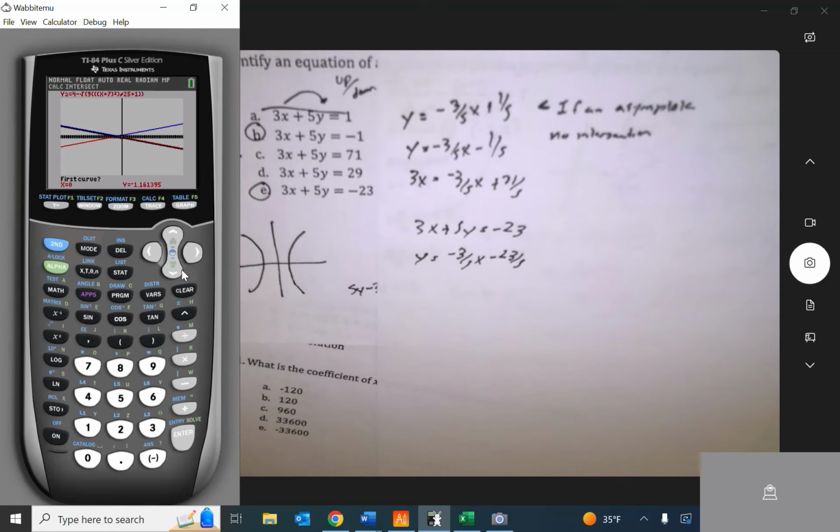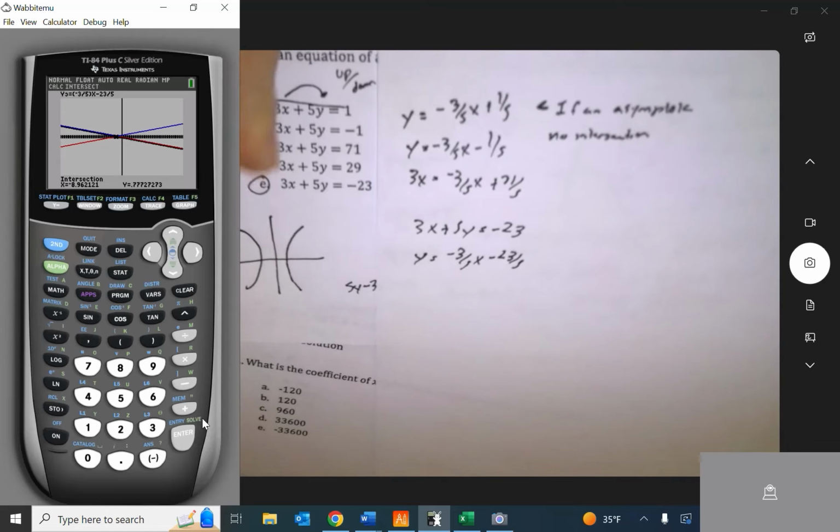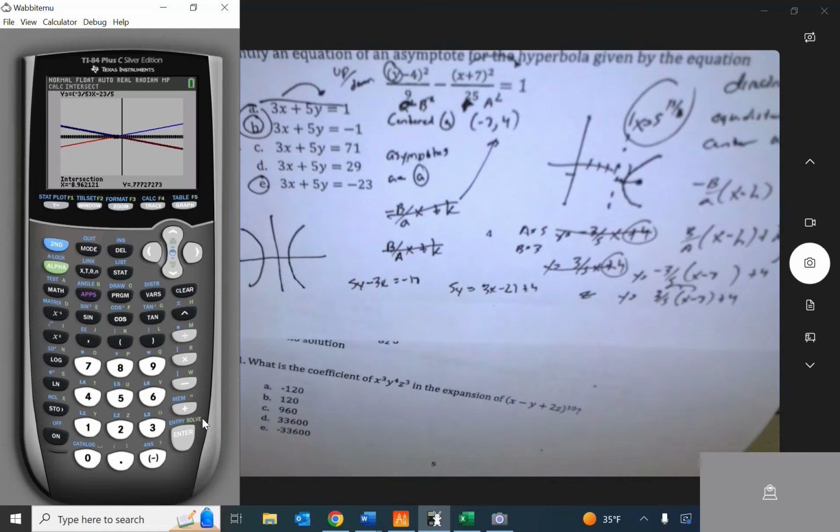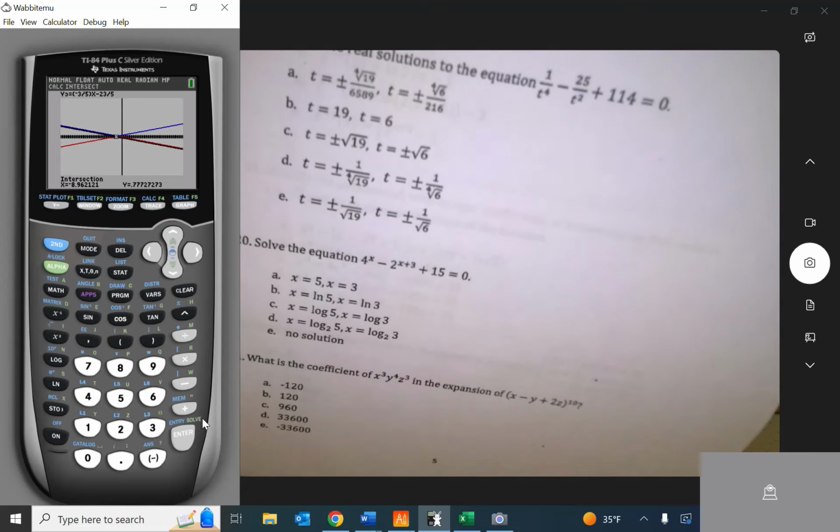So let's go to red. There is an intersection. So, B. That's the easiest way I know to do that problem, kids.